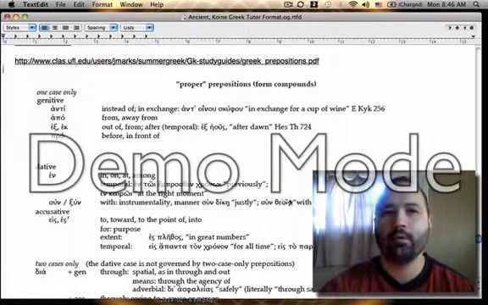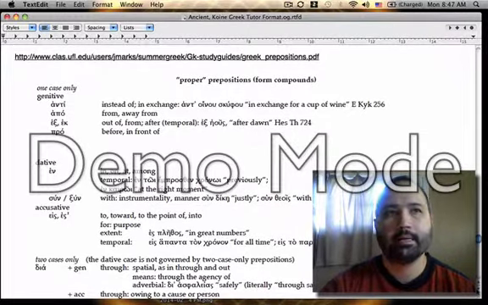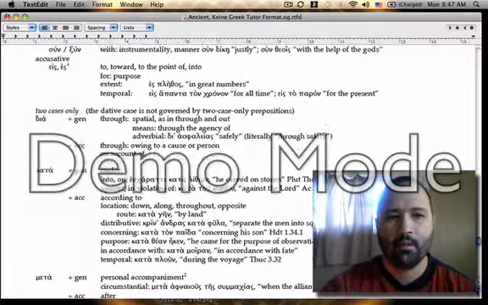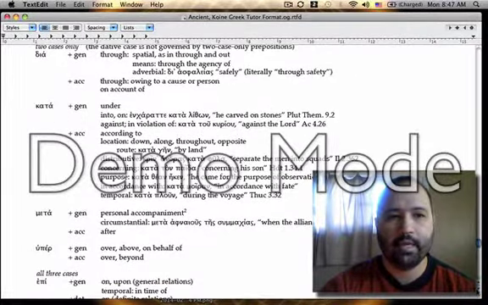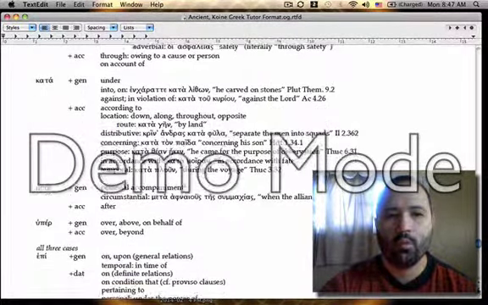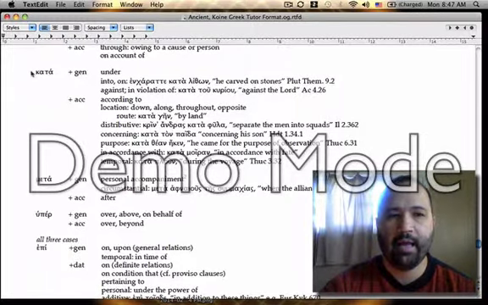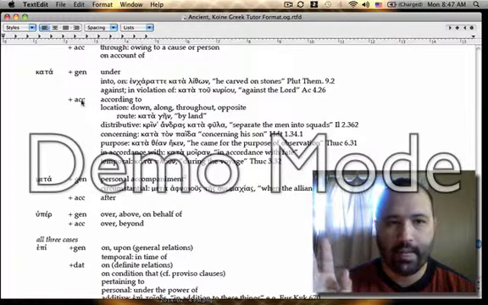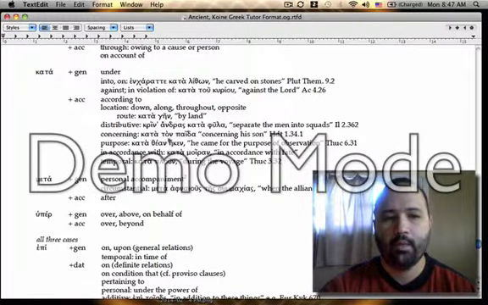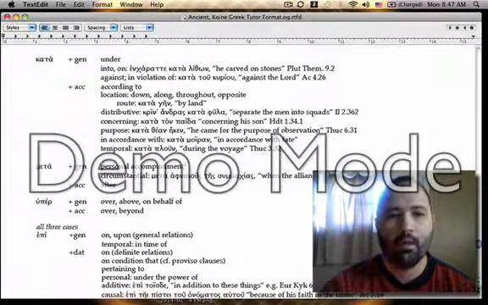It cannot be used with any other case that it does not fit or match with grammatically. Note that down. This is very key. So, for example, kata, it's used with the genitive and accusative. It cannot be used with any other case. And we see examples here too.